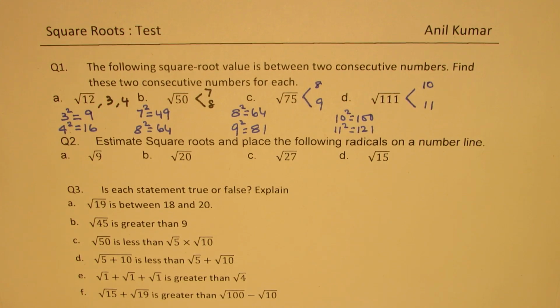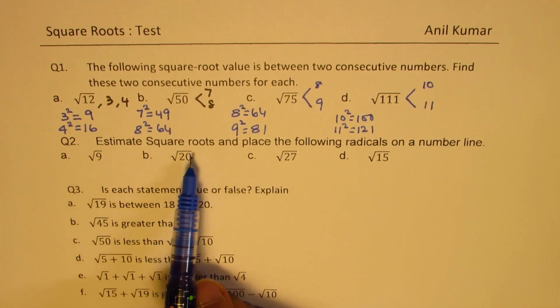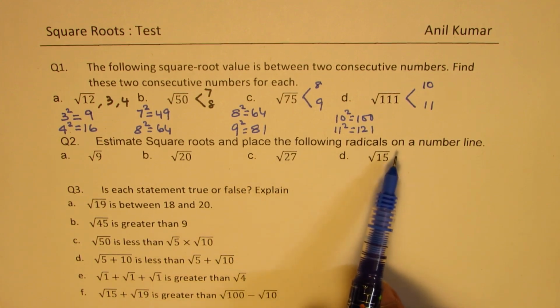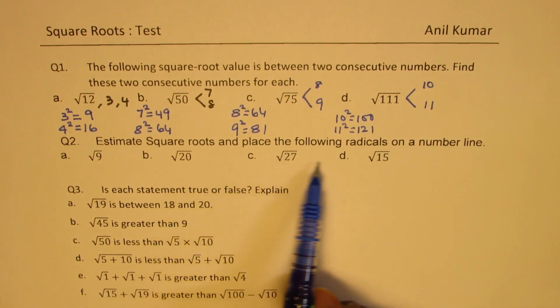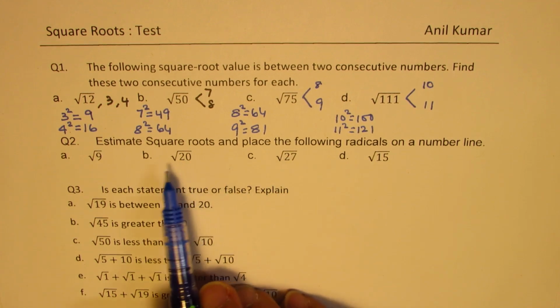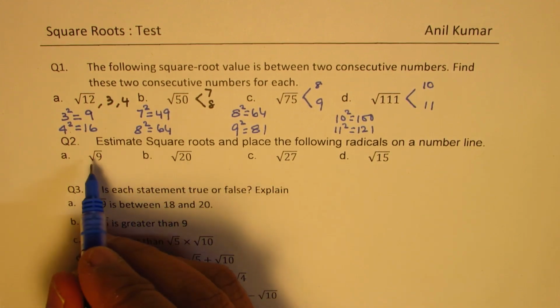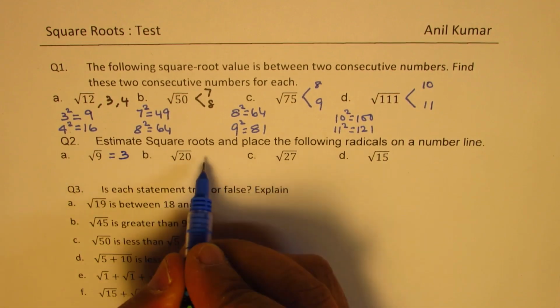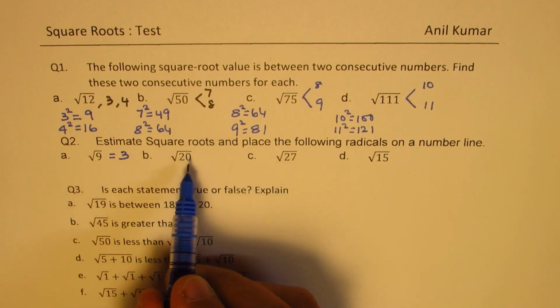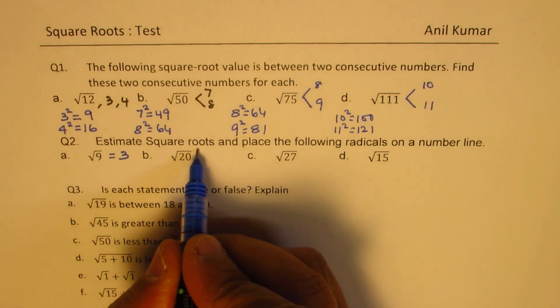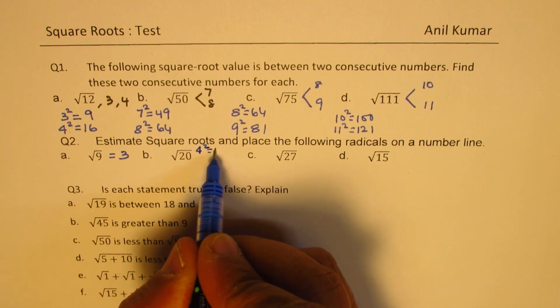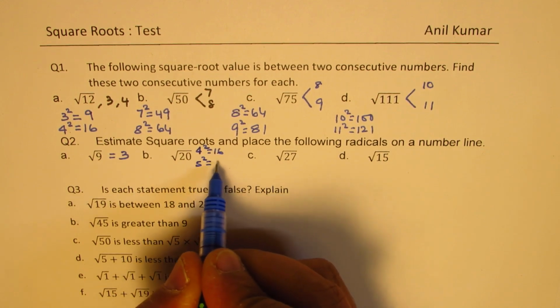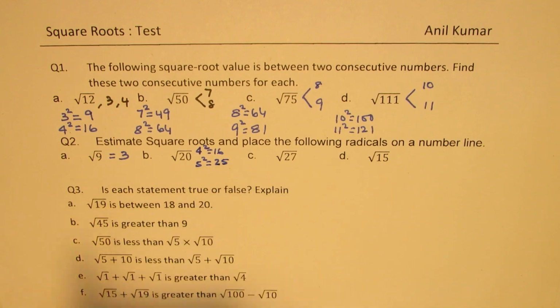Perfect. Question number 2. Estimate square roots and place the following radicals on a number line. So this time we have to estimate approximately how much these values will be. Now square root 9 is a perfect square, 3 square, right? 20 we can see is between 16, the perfect square close to it on one side, so it is between 4 square, which is 16, and 5 square, which is 25, correct?